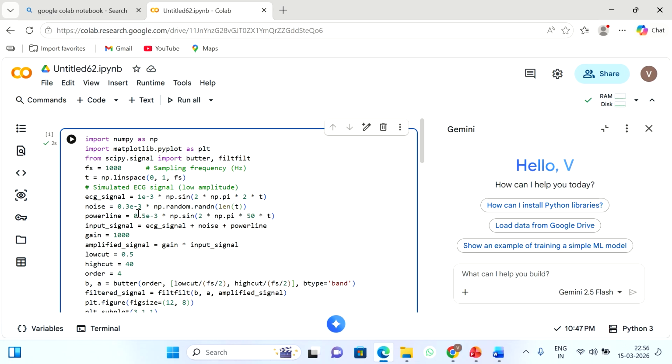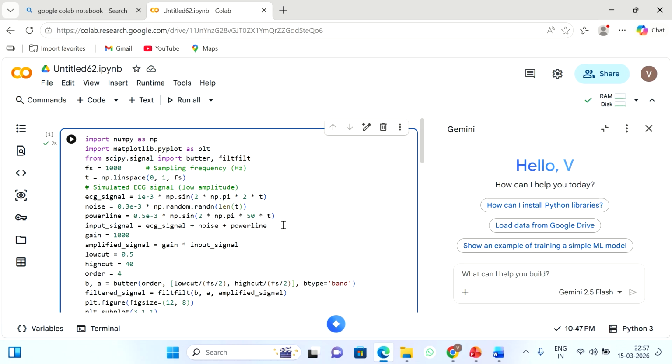So next one. Input signal is equal to ECG_signal plus noise plus power line. So finally, we cannot give the raw input signal. We can give, but automatically from the environment, the noise will be getting added to the ECG signal before it is given to any process.